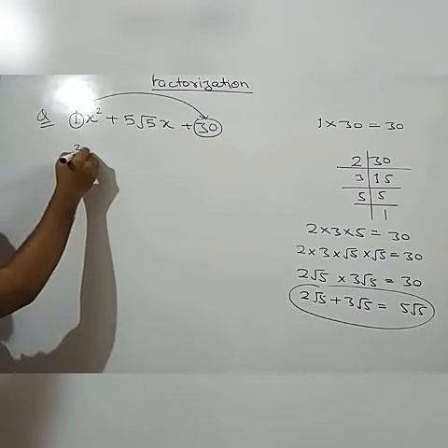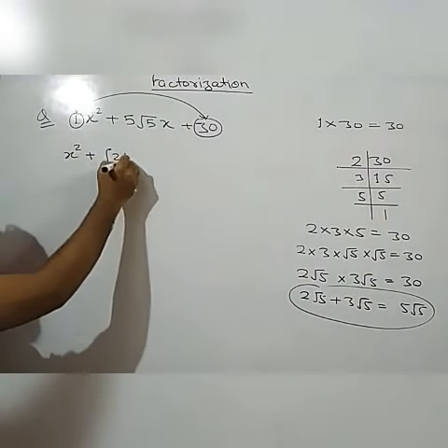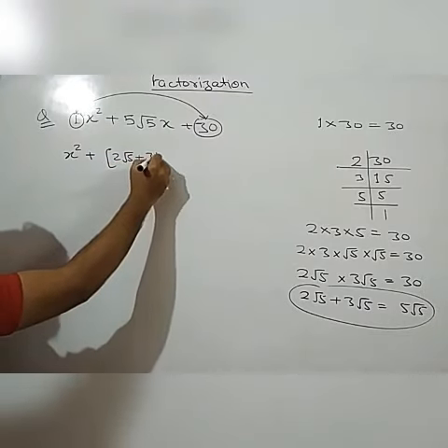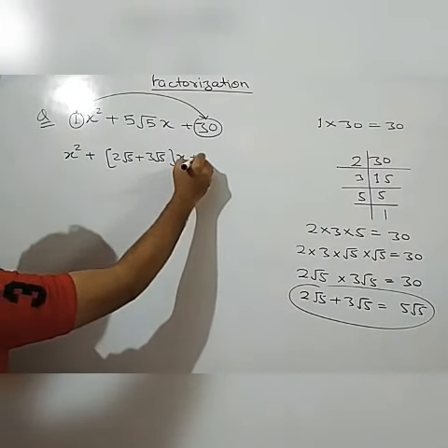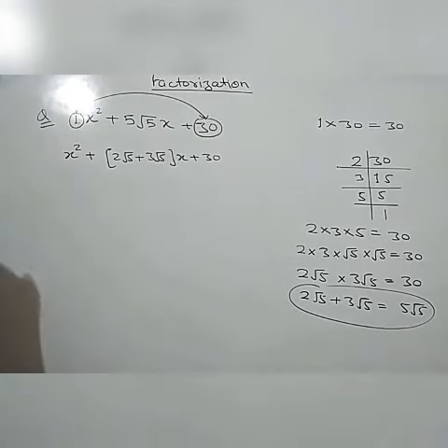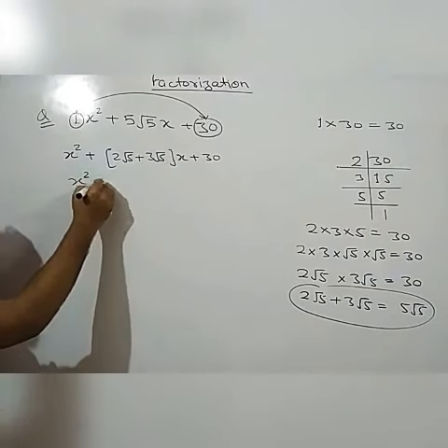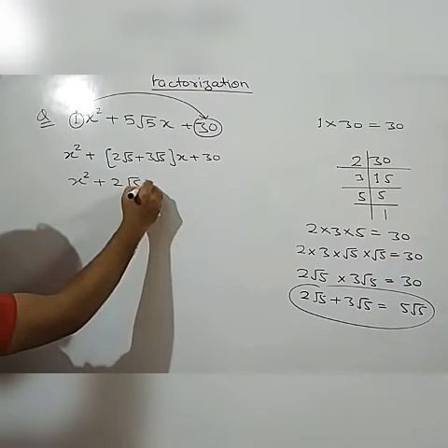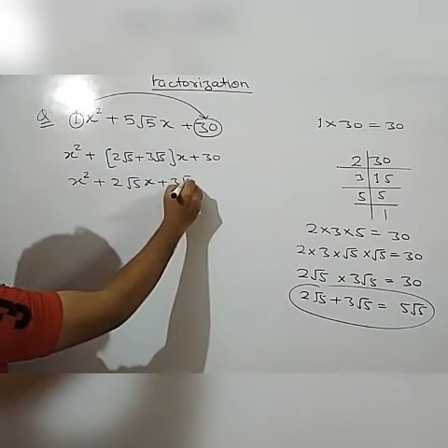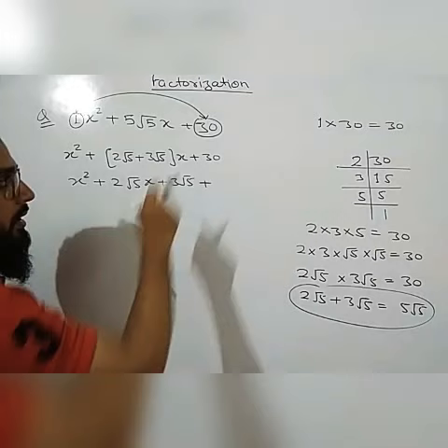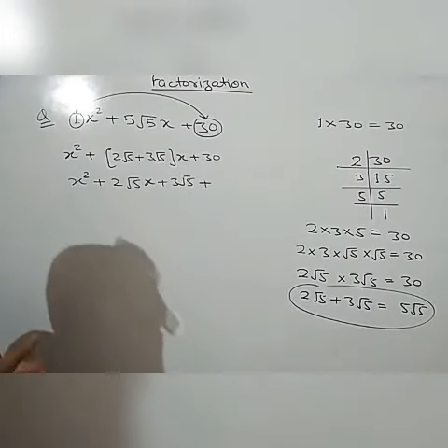So it can be written as x square plus 2 root 5 plus 3 root 5 into x plus 30. Now multiplying this x inside the bracket, we will get x square plus 2 root 5x plus 3 root 5x plus 30. But we have to take something common.